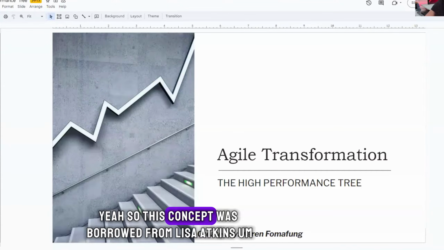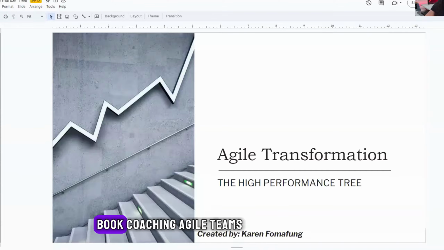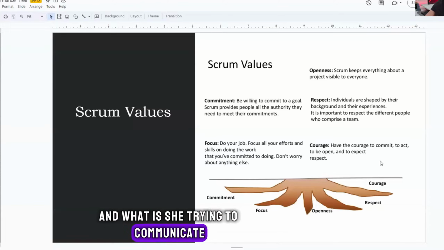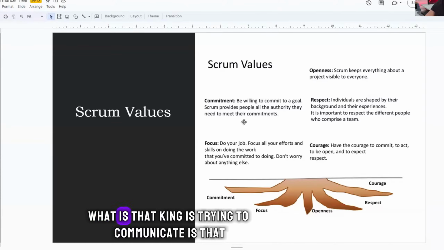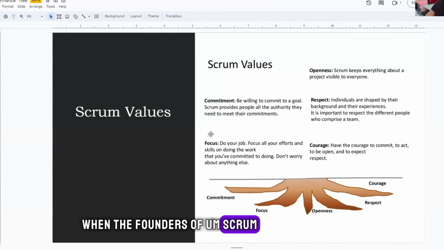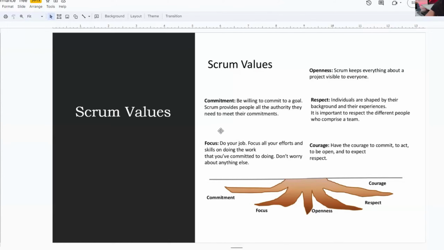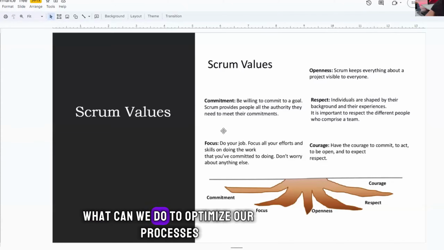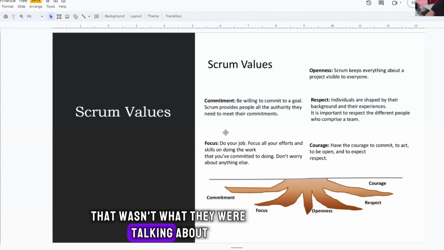Yeah, so this concept was borrowed from Lisa Atkins' book, Coaching Agile Teams. And what is she trying to communicate? What Lisa Atkins is trying to communicate is that when the founders of Scrum decided to birth Scrum, they didn't go sit in that room talking about, oh, what can we do to optimize our processes? That wasn't what they were talking about.